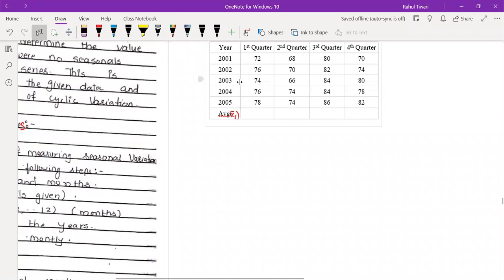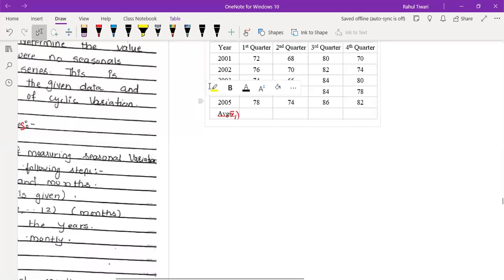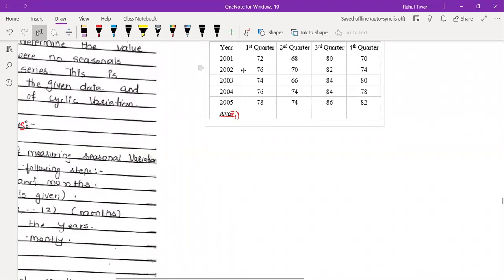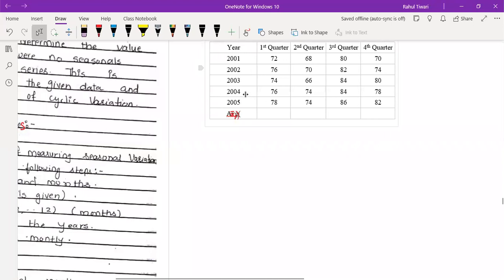Further, you have the next step. How to compute this x bar i? Can anyone tell me? You add all these entries and divide by 5.